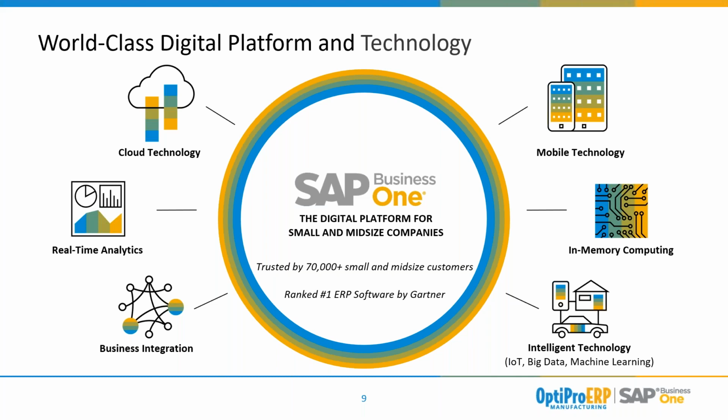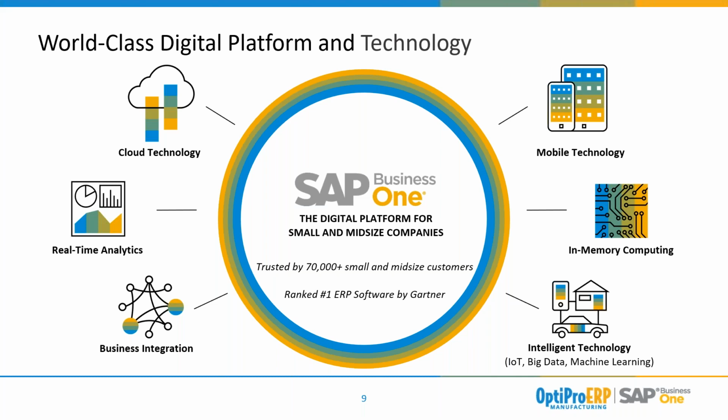It gives you leading and future-proof technology without the complexity and the heavy price tag. It's a digital core platform that is cloud and mobile enabled. It's built on in-memory computing, meaning it can handle loads and loads of data in seconds so that it gives you that real-time processing. It has flexible architecture for various business integrations. It has embedded intelligent technologies such as pervasive analytics, business intelligence, and IoT, the Internet of Things.